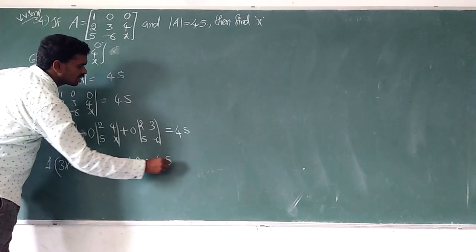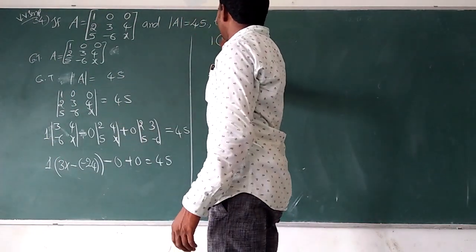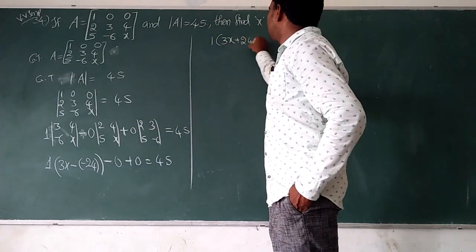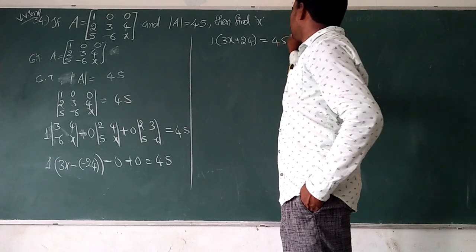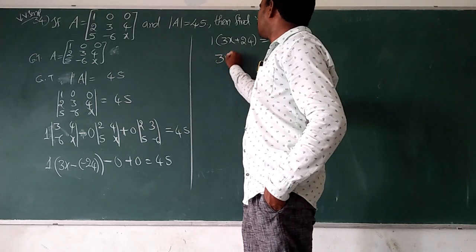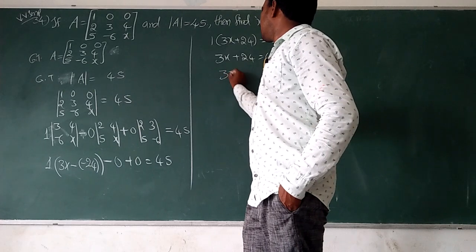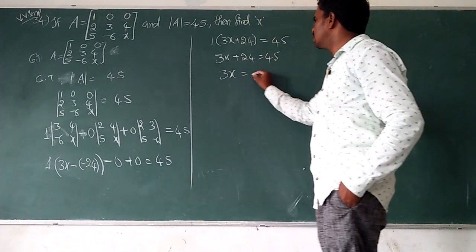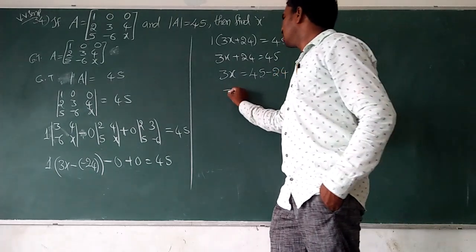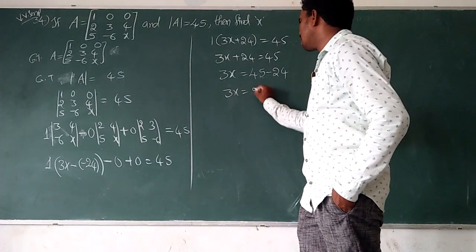So 1 into (3x plus 24) equals 45. Then 3x equals 45 minus 24, which is 21.